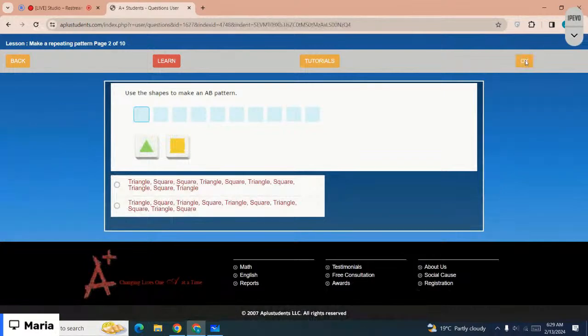We use the shapes to make an AB pattern. So which is the correct option?